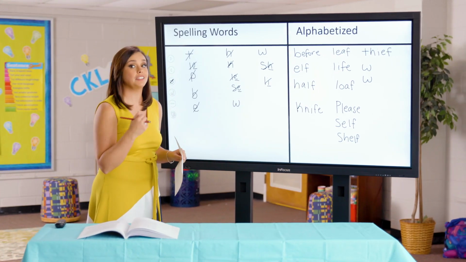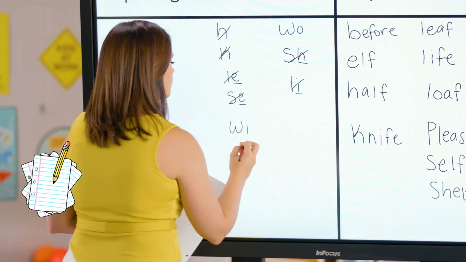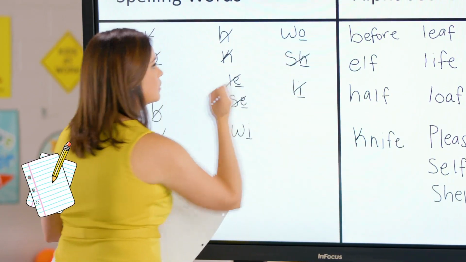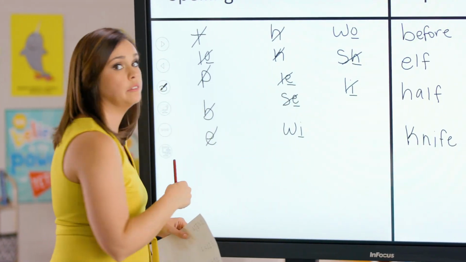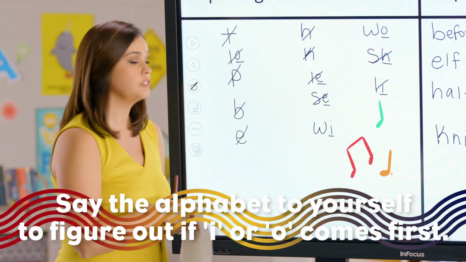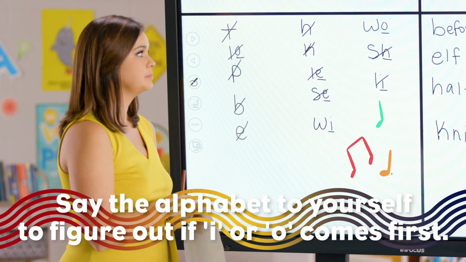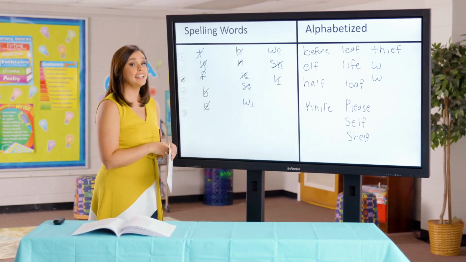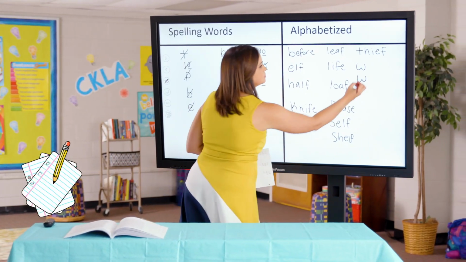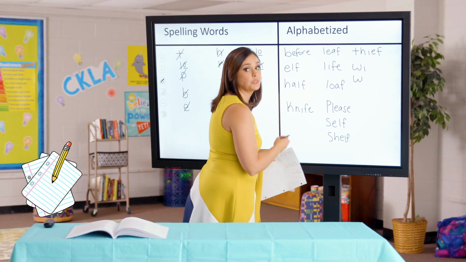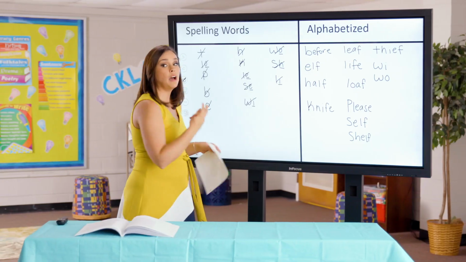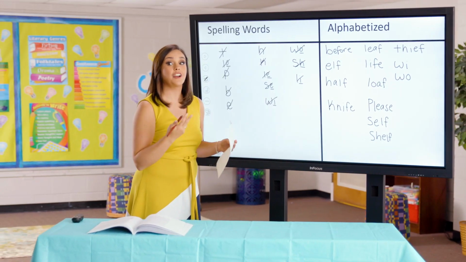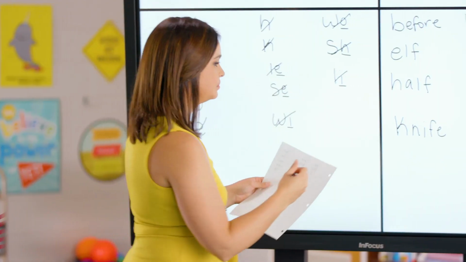I'll go ahead and write the second letters now. What comes first in the alphabet, I or O? Sing the alphabet to yourself. Right, I comes first, which leaves us with O. Now we can complete the last two words in our alphabetized spelling list.